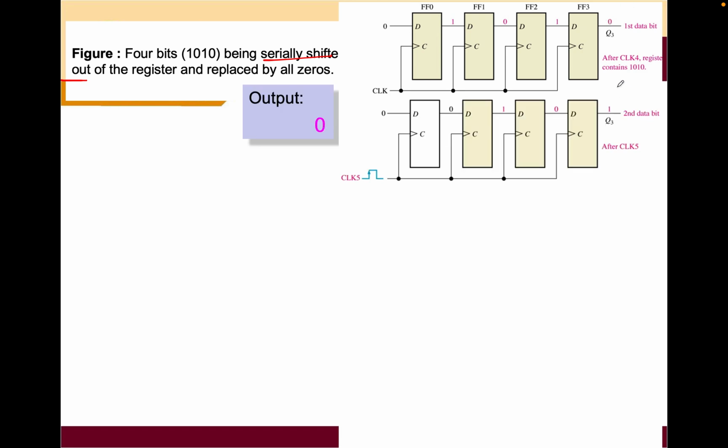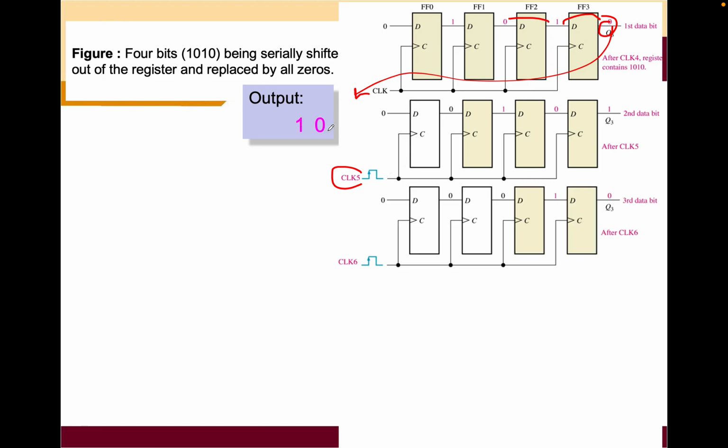So the first output, this will go to the output. And then next, clock number 5 is going to be like this because this already shifted to the right. You can see, and this will be here, this will be here, because this already goes to the output, which is shift out. Okay, now you can see here first it will be 0.